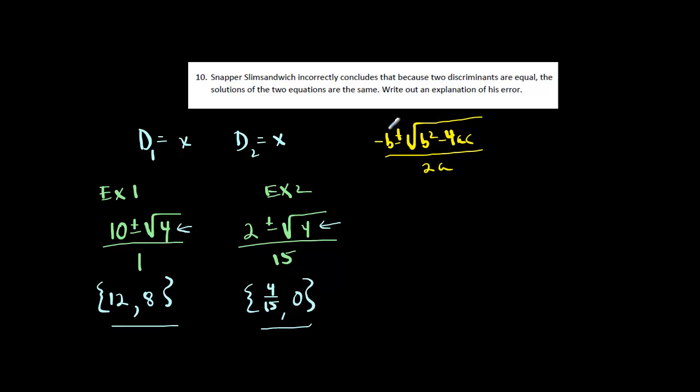It's also dependent upon what this is and what this is. So if B and A are different on two different quadratics, then there's a chance that you could have the discriminants be the same. But if B and A are different, you're not going to have the same solutions.